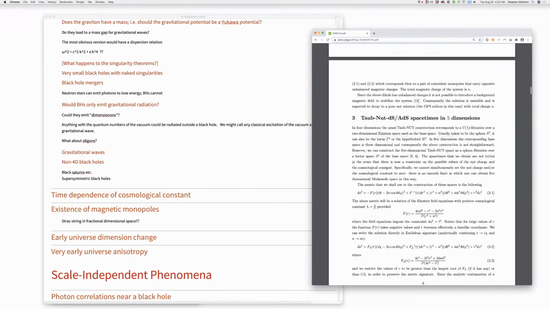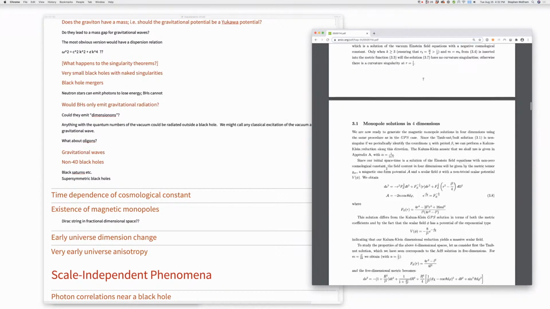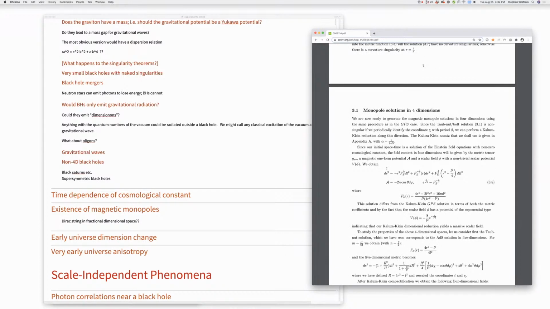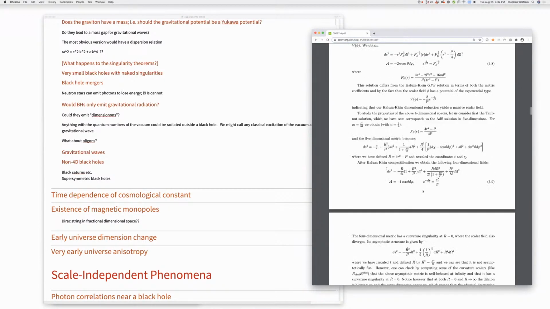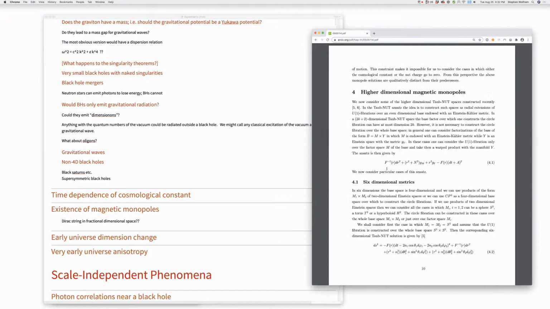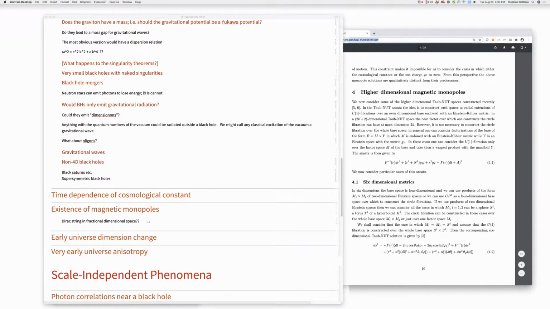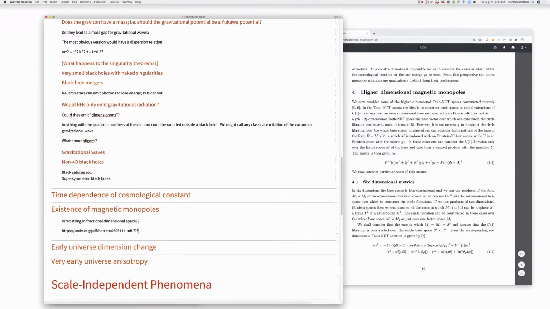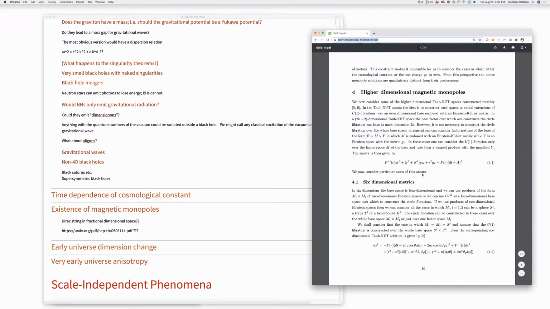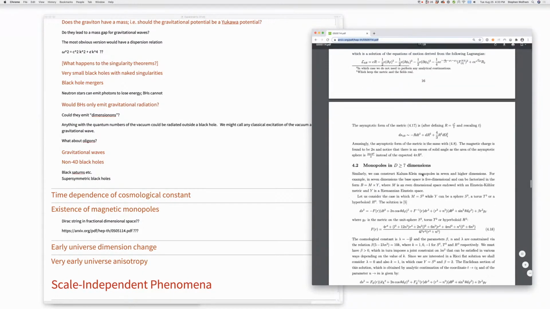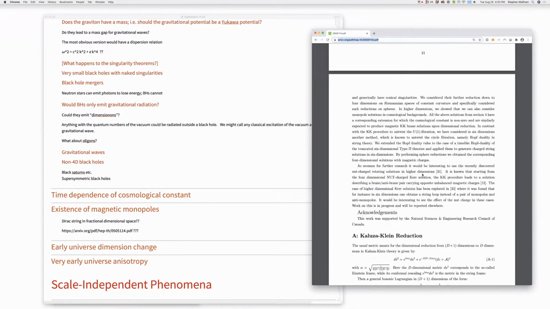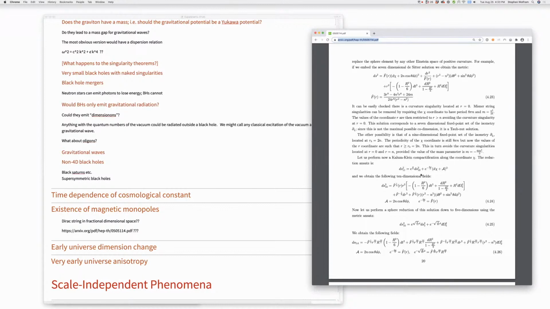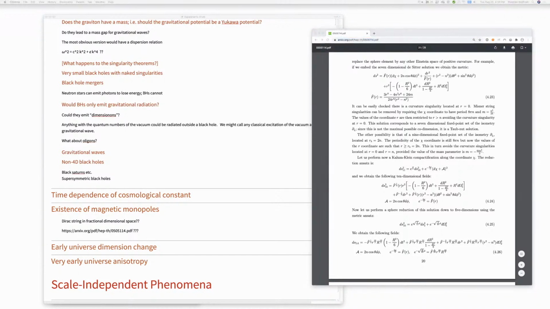It seems like it's not the same thing. Monopole solution. Is this the same thing? Not sure if this is the same thing. Let's see.